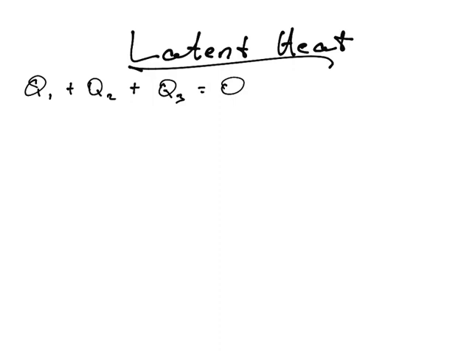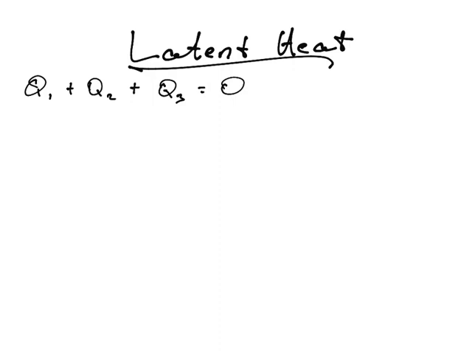Then we saw that for normal circumstances, when an object gains or loses heat, it changes its temperature. Or vice versa. When an object changes temperature, it's because it either gained heat or lost heat.